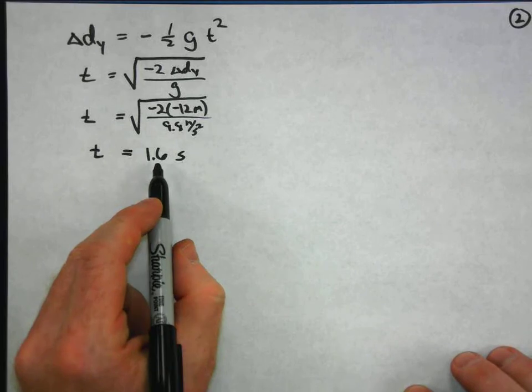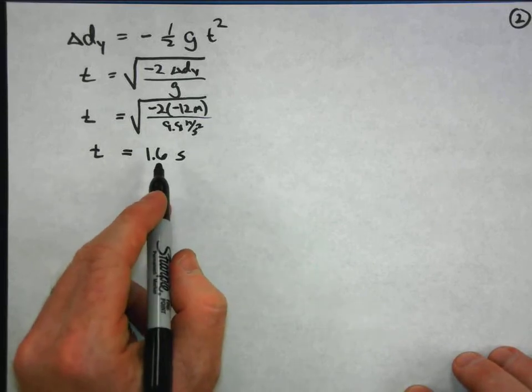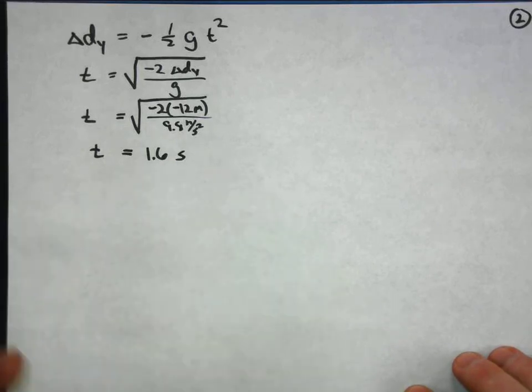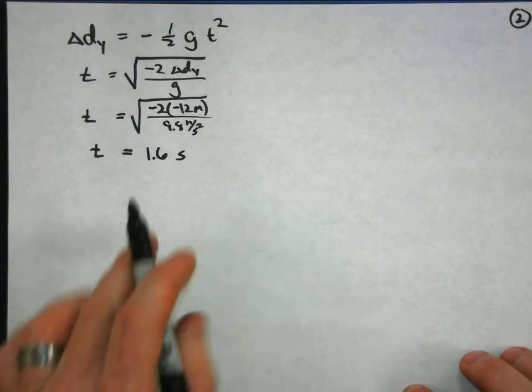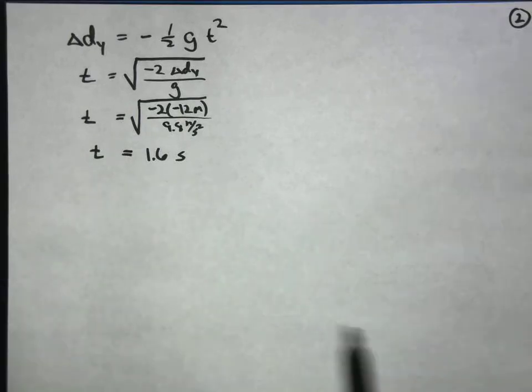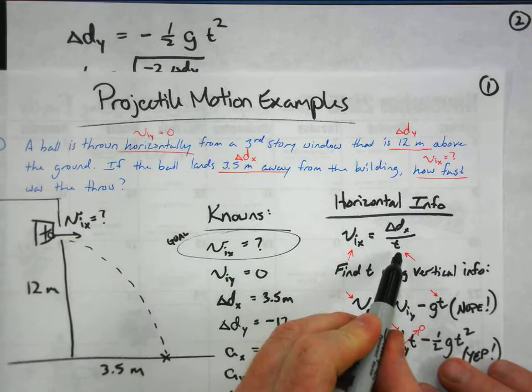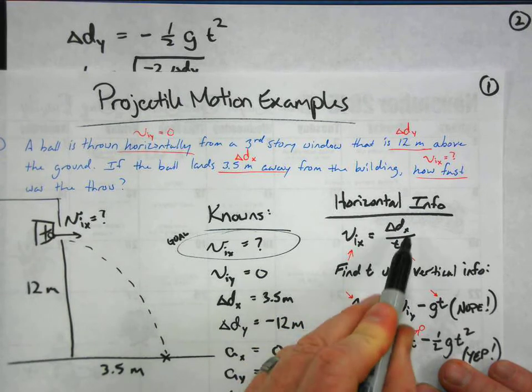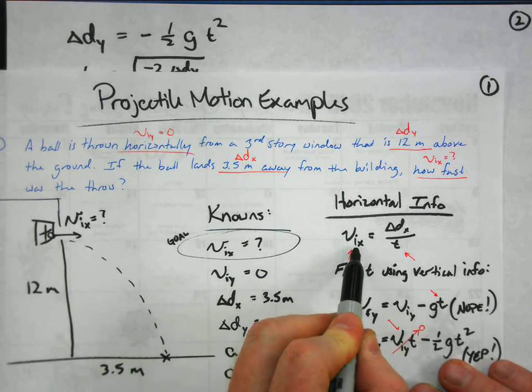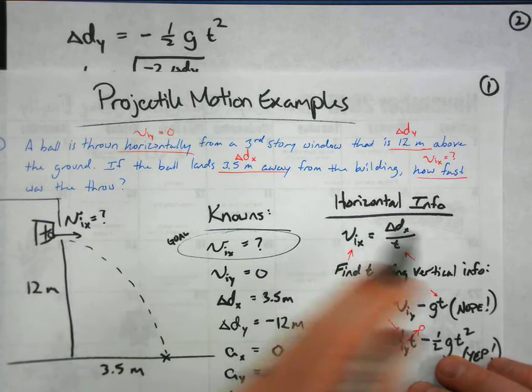So if you get 1.5-ish, then you're there. You got it. And this is not the answer I'm looking for. Remember, I need time in this equation to find my initial velocity in the x direction. So I have one more step to perform here.